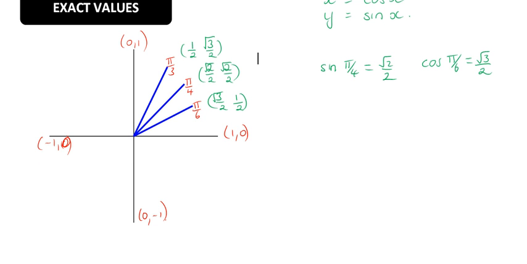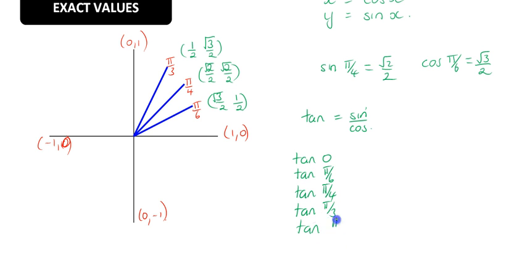That automatically also tells you all of your tan values. We know that tan is sine over cos. So if we want all our tan values, we can see that tan of 0 is sine over cos, so it would be 0 divided by 1, which is 0.